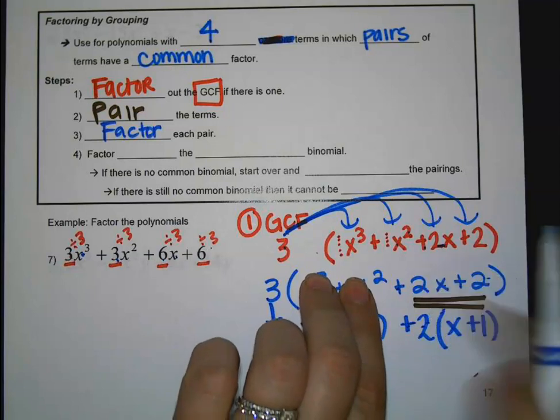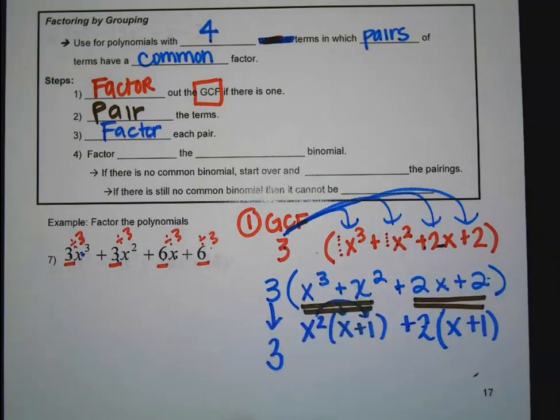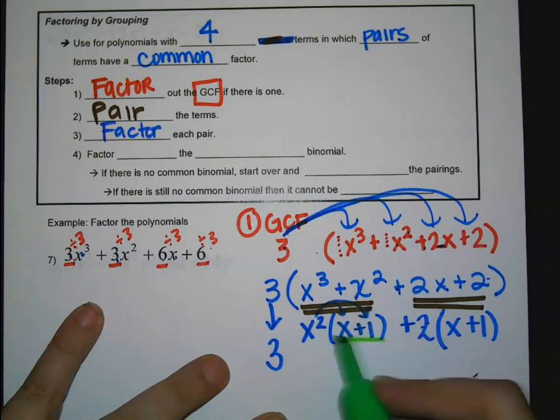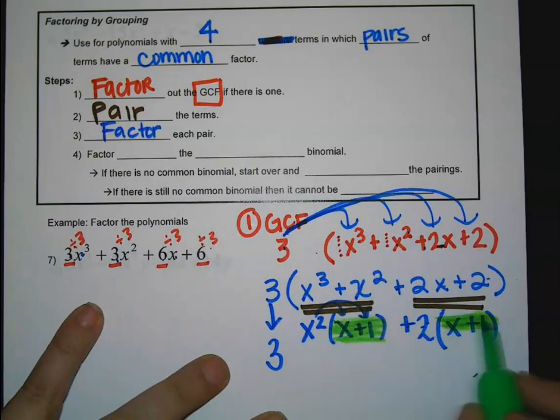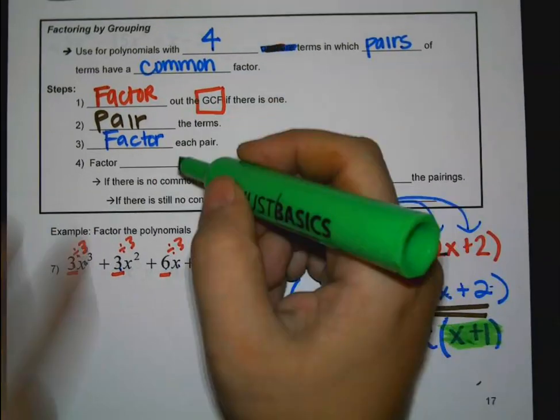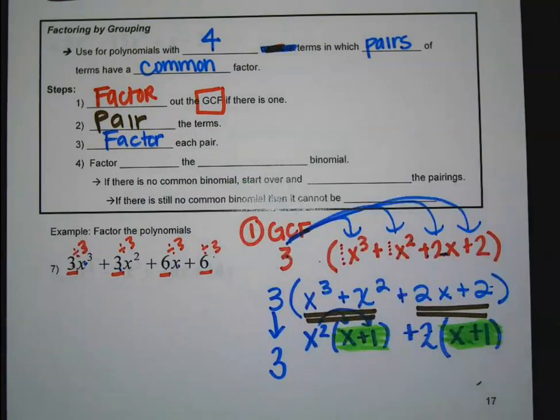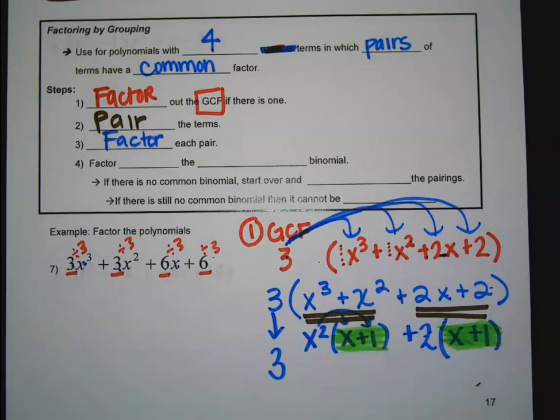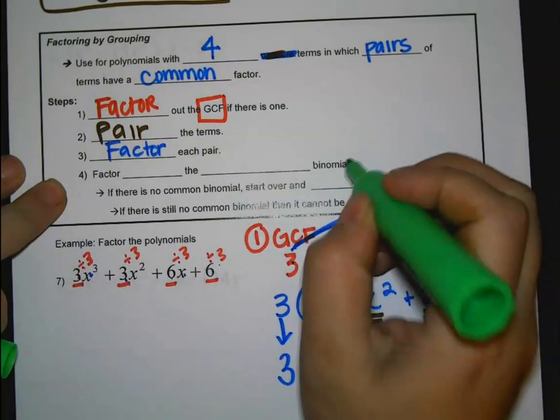Now, I know if I did this right, if these match. So these should match. So when I factor each pair, I should have these 2 in common, and I'm going to factor that out.